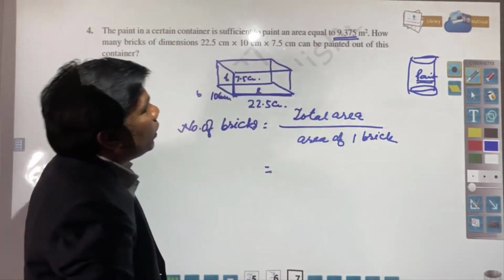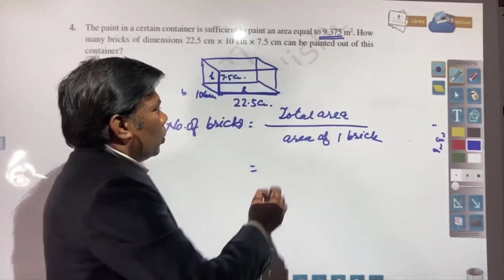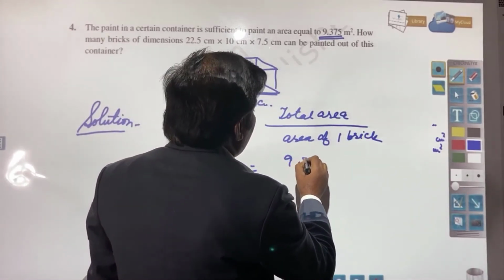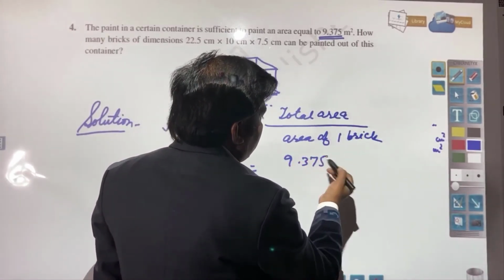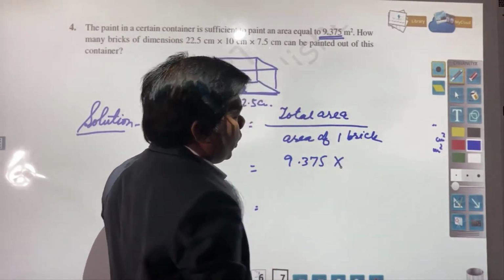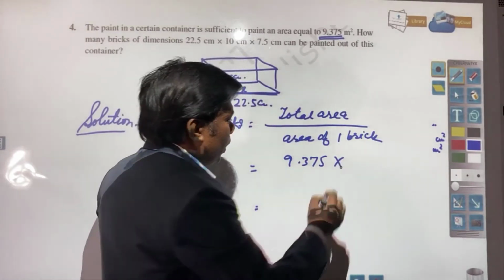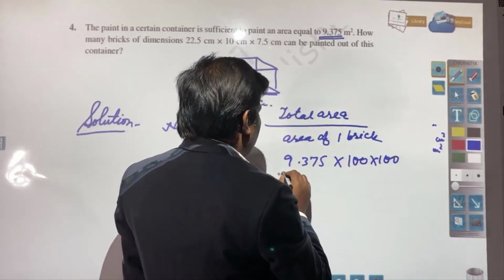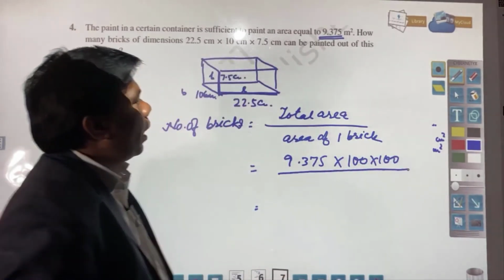So here you will write the total area you have. It has been given as 9.375 meter square, so that is required to be converted into centimeter square. So this will be 100 into 100 divided by area of one brick.